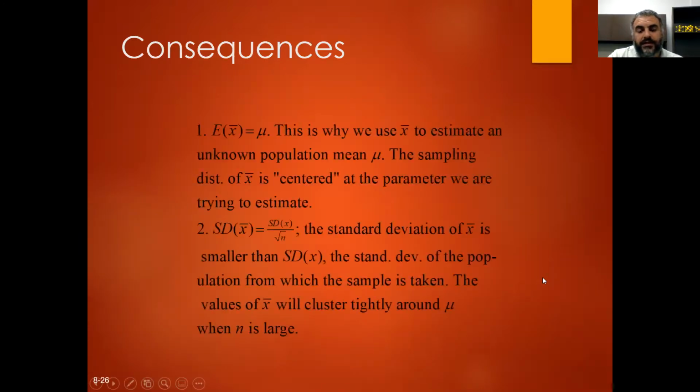So what are the consequences of using the central limit theorem? The first one is that X bar will be closer to mu, and the standard deviation will be the standard deviation of our sample divided by the square root of n.